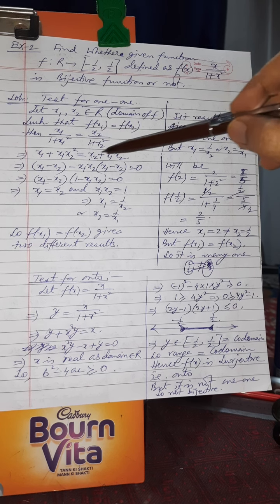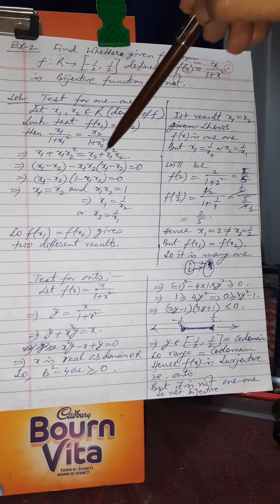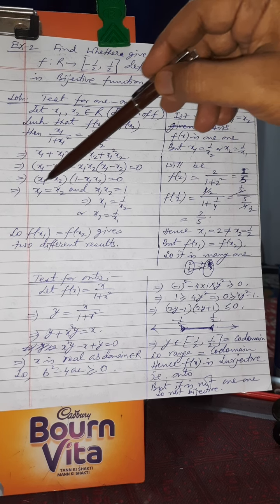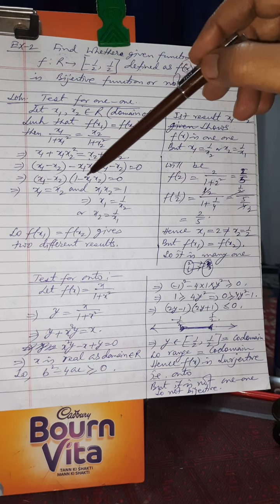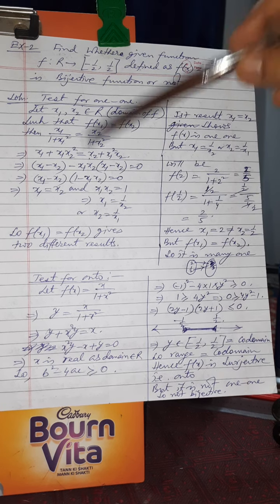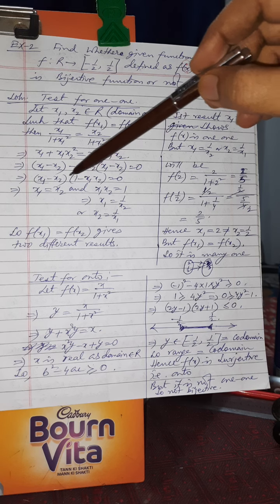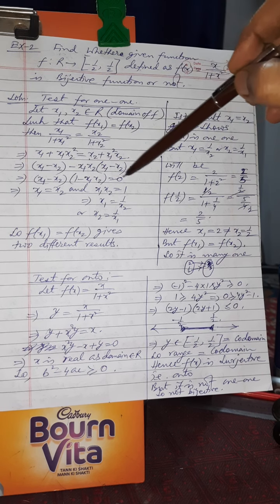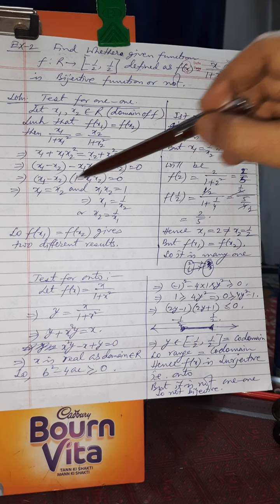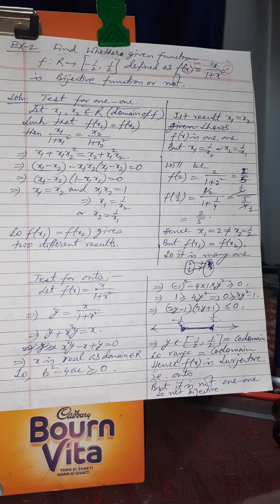That is what is written over here, simple algebra, cross multiplication. So finally we are getting this result: (x1 minus x2)(1 minus x1 x2) is equal to 0. Now over here there are two expressions, either this is equal to 0 or this is equal to 0, and both are possible. So when this is equal to 0, then we are getting x1 is equal to x2.